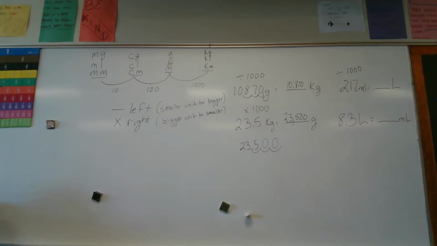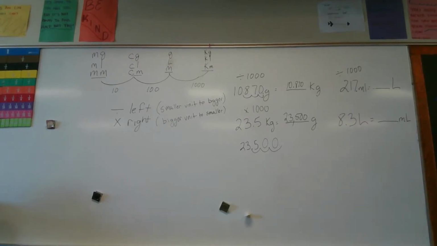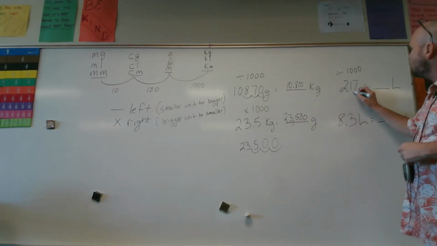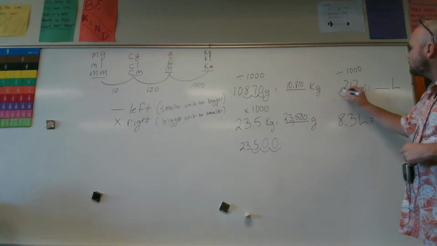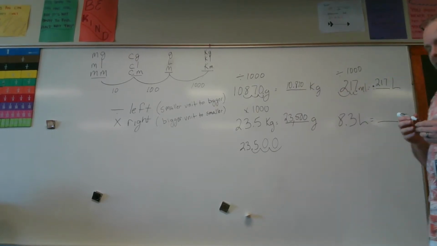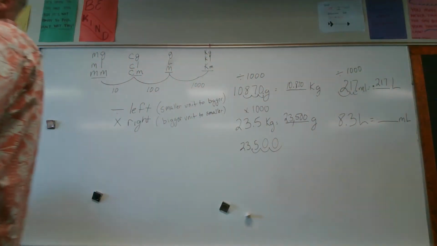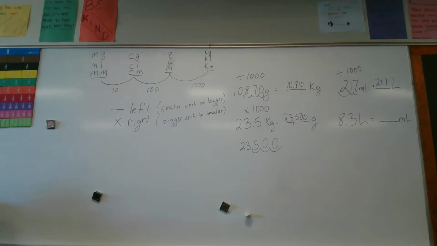So, Addie, how many places to the left am I going to move this? 3. 3 places to the left. So I have 1, 2, 3. So my answer should be 217,000 liters.